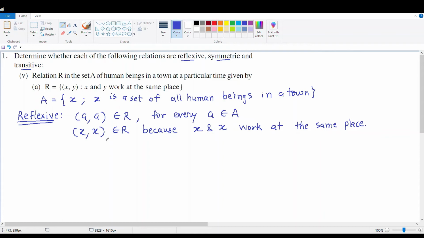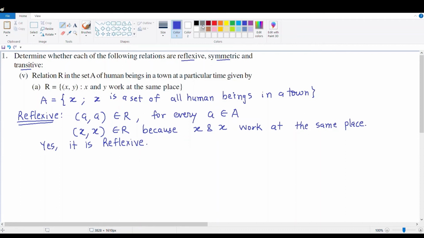So yes, it is reflexive. If you pick y, then y and y work at the same place. If you pick some c, then c and c work at the same place. So it is going to be reflexive.